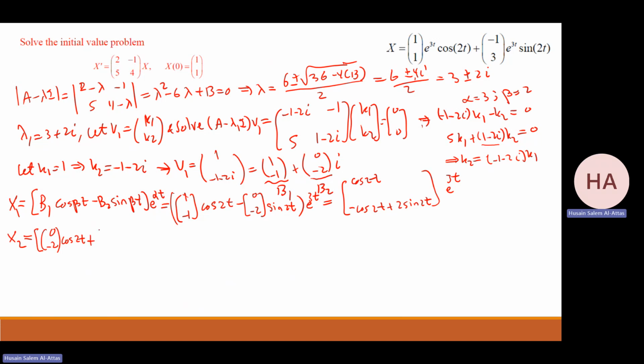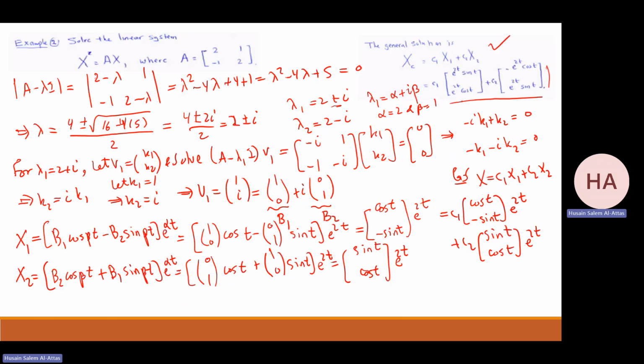Plus B1, which is 1 minus 1 sine 2t e to the 3t. In other words, it's sine 2t, and this one is minus 2 cosine 2t minus sine 2t e to the 3t.